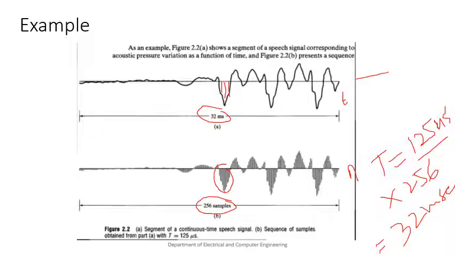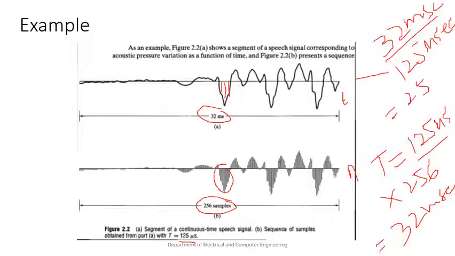Okay, so let me repeat it for you. This signal is of 32 milliseconds. Then we have sampled it using this time, 125 microseconds. So if you divide 32 milliseconds by 125 microseconds, you will get 256 samples.